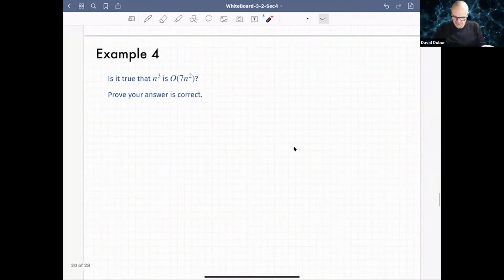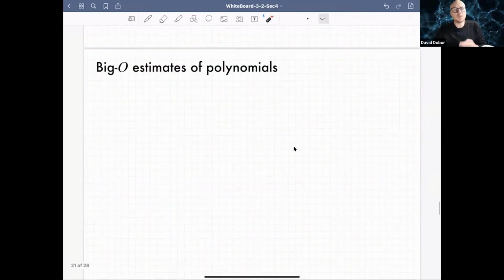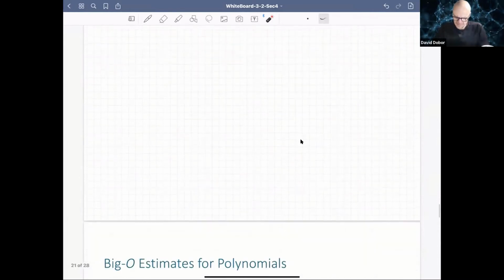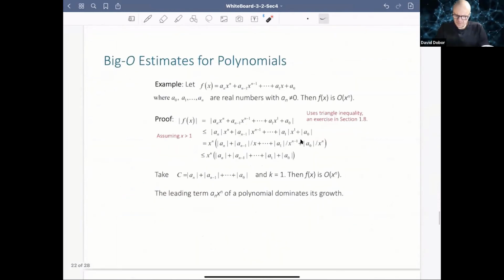Okay, how about the polynomials? We just talked about polynomials. So here's what you see in your textbook. You're given this polynomial of degree n, and all of these are coefficients.